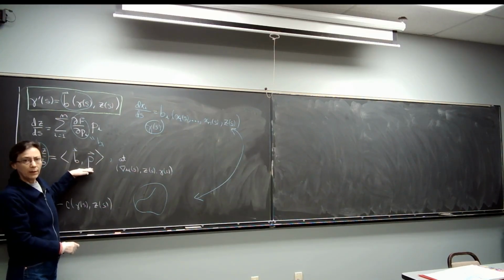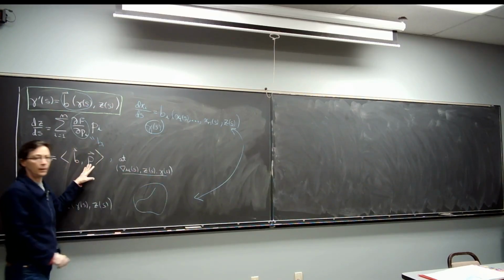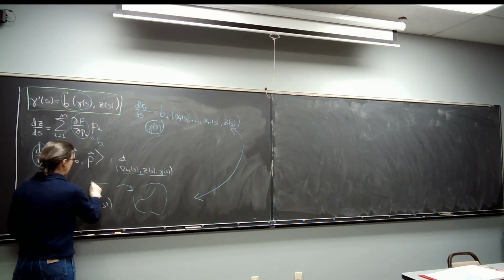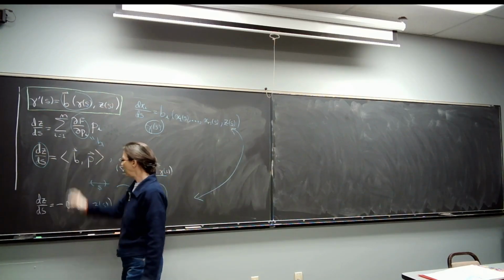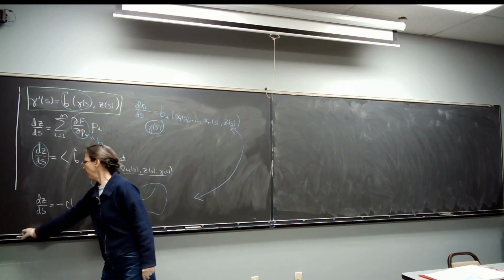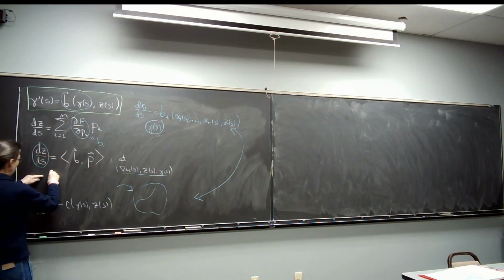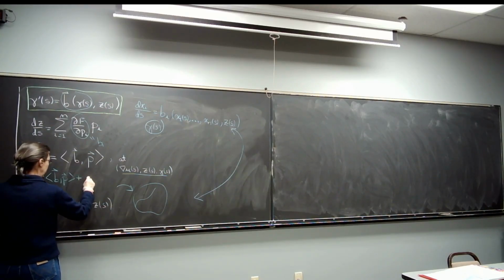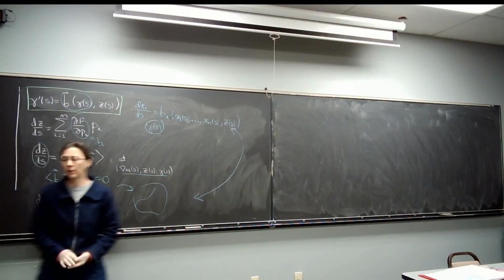How does this depend on s? This is your inner product, but it gets evaluated at this point on the curve, which ultimately depends on the parameter s. Okay, so that's dz/ds. Now, remember our equation.